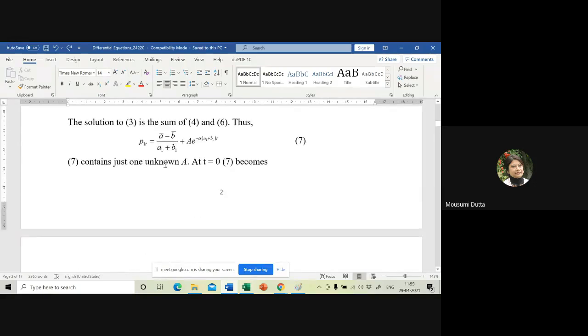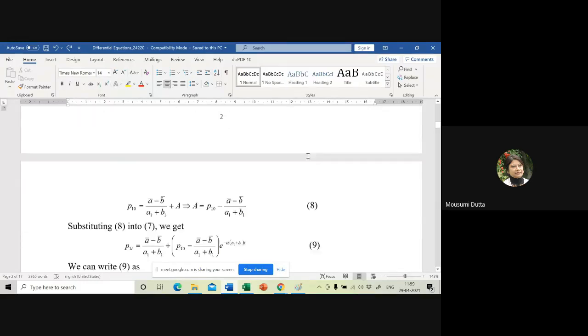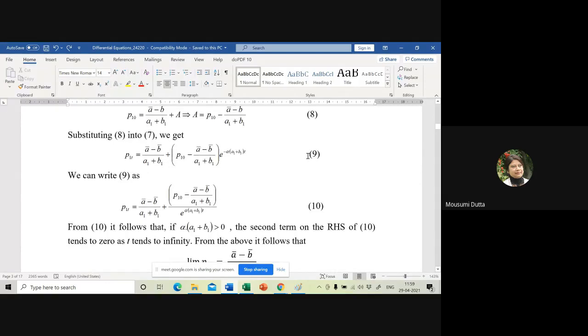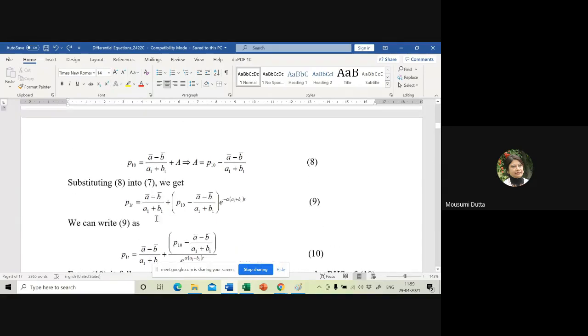So we are rewriting equation number 7. We are writing the full equation for the time path. Okay, so equation number 7 can be finally rewritten as P1t is equal to (a bar minus b bar) by (a1 plus b1) plus, in place of A, P10 minus P bar, or you can write P10 minus (a bar minus b bar) by (a1 plus b1), into e to the power minus alpha into (a1 plus b1) into t.